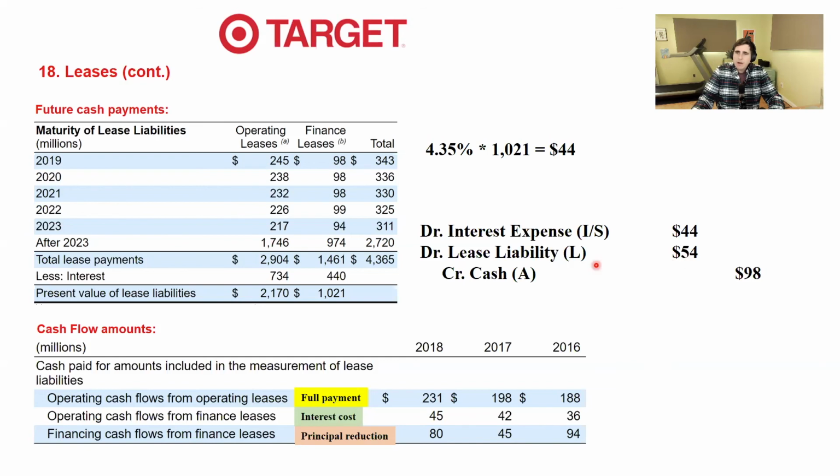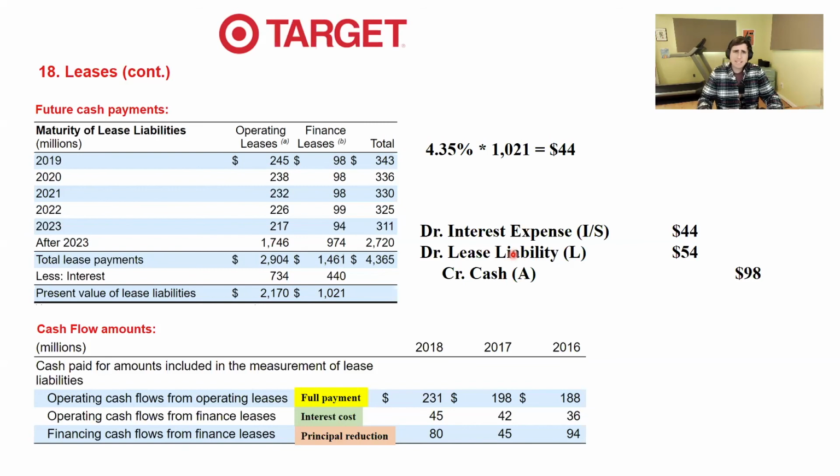Here we have separated the cash outflow into two parts. The interest cost is one part of the cash outflow, and a reduction to the principal, or lease liability, is the other part. That's how it's done. To allocate, the interest cost is what interest expense is, and principal reduction is whatever the debit to the lease liability is.